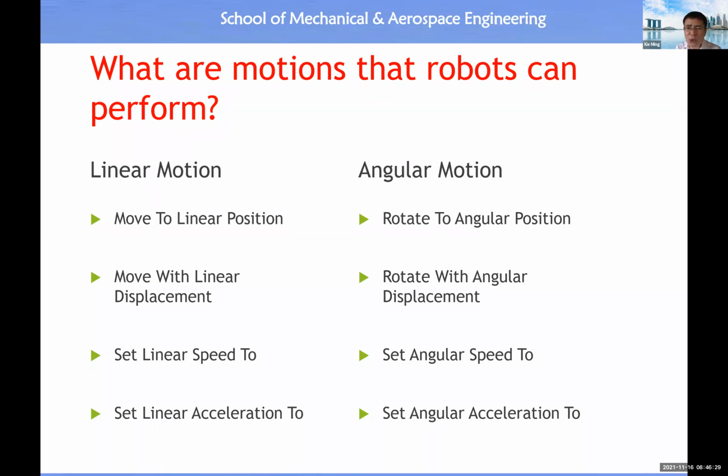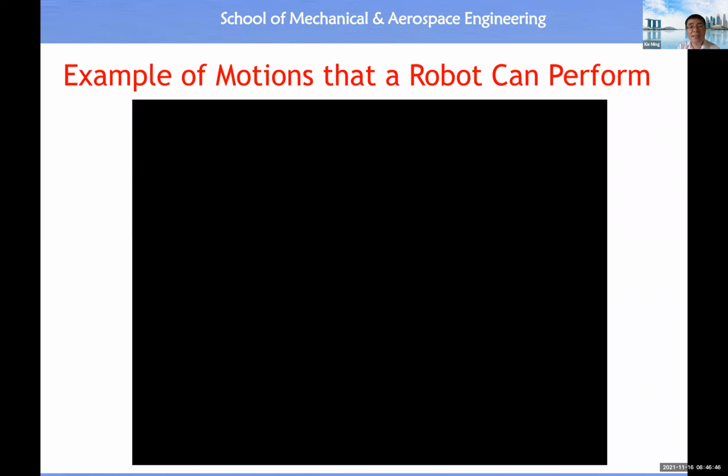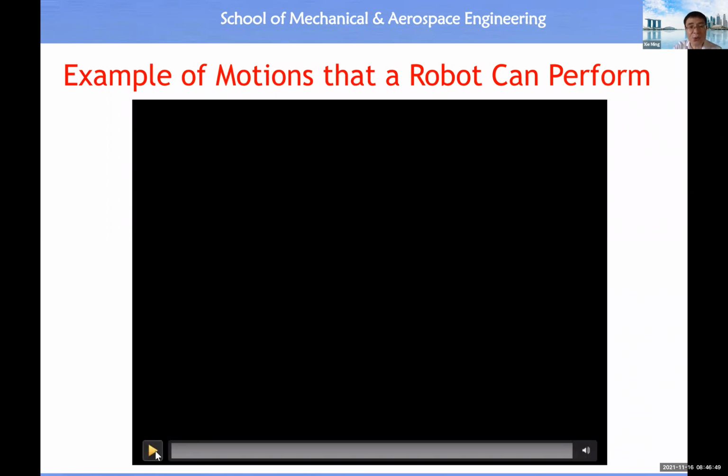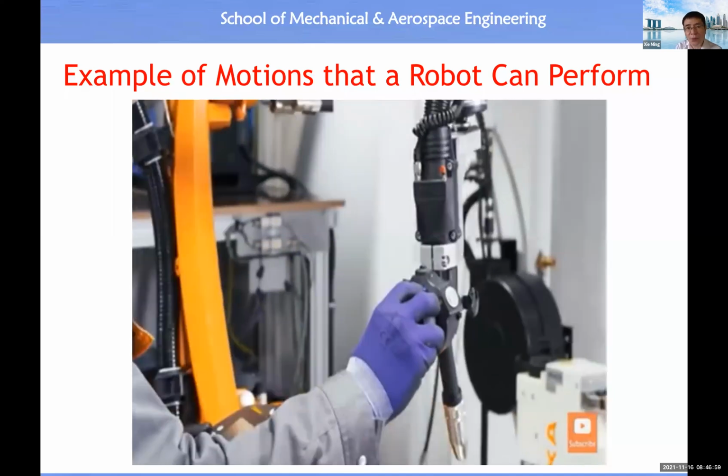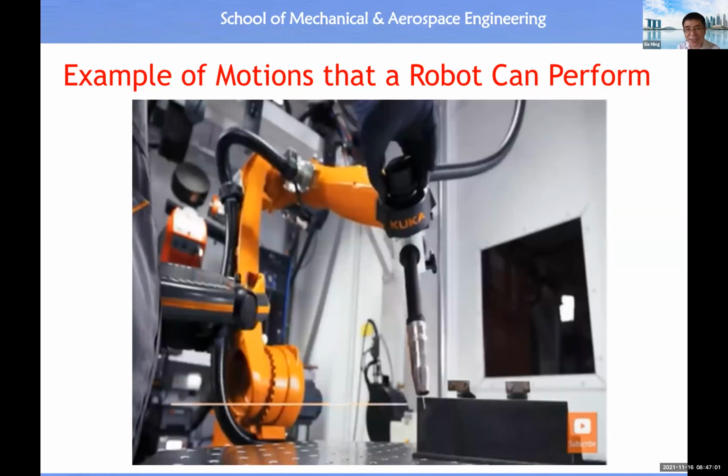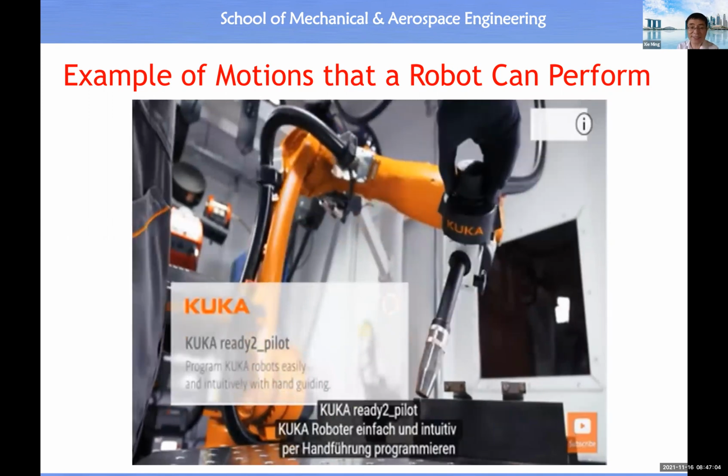Then for angular motion, the description could be rotate to an angular position, rotate with angular displacement, set the upper limit to angular speed, and set the upper limit to angular acceleration. Okay. Then this video will show you the motion that the robot can perform. So you will see this is the linear motion. This is the angular motion.